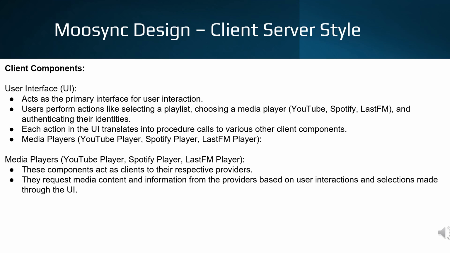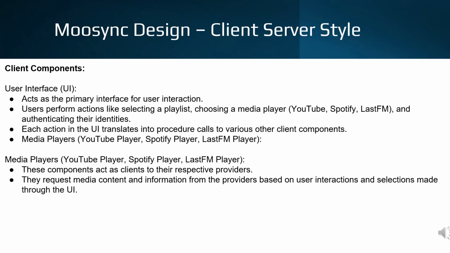Talking about the second component, the media players, you have three different types of media players: the YouTube player, the Spotify player, and the Last.fm player. Whenever a user searches for a particular song in the address bar, they'll be provided with a list of tabs listing whether the results have to be from YouTube or Spotify or so on. Here comes the task of the YouTube player.